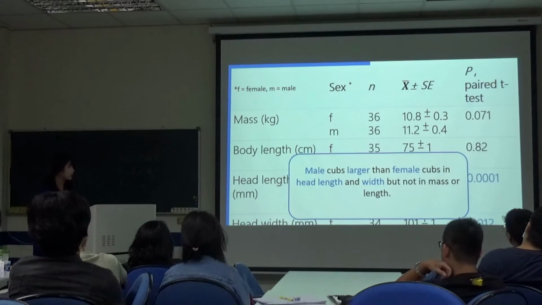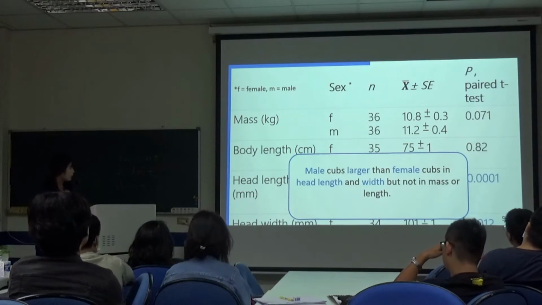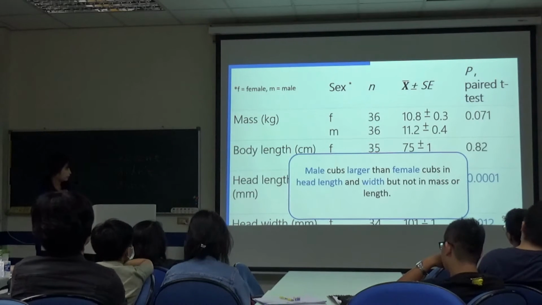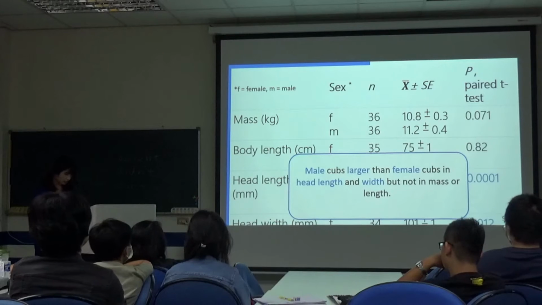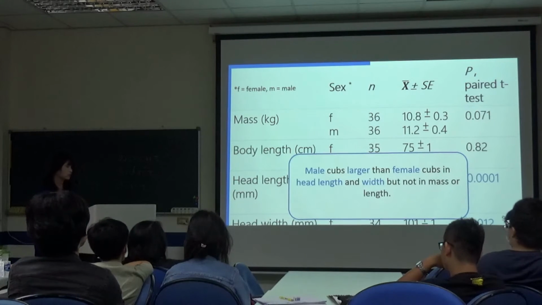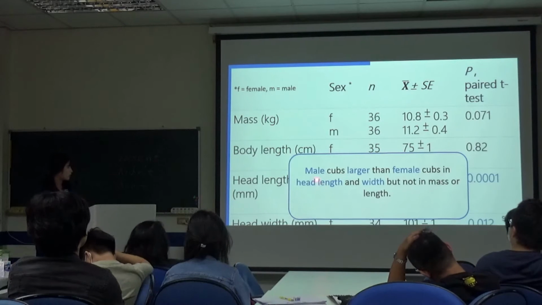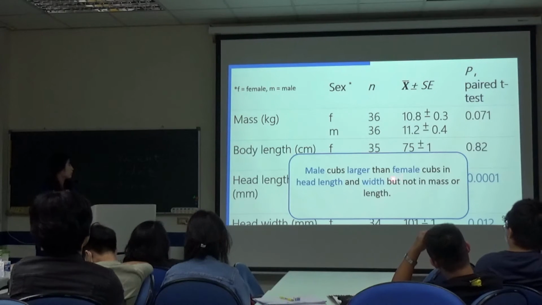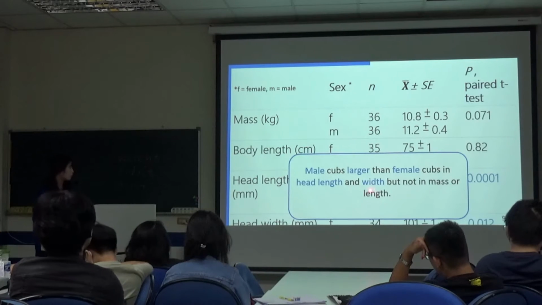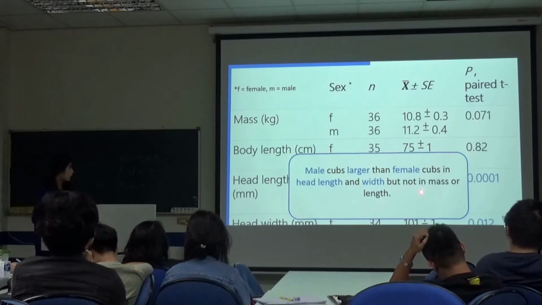You can see head length and head width, their p-value is less than 0.05. So we get the result: male cubs are larger than female cubs in head length and width, but not in mass or body length.